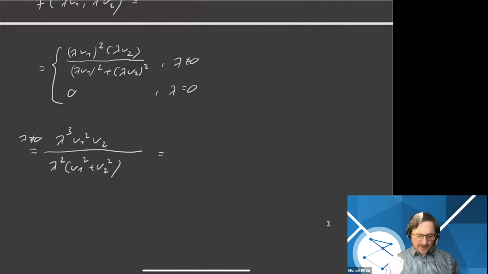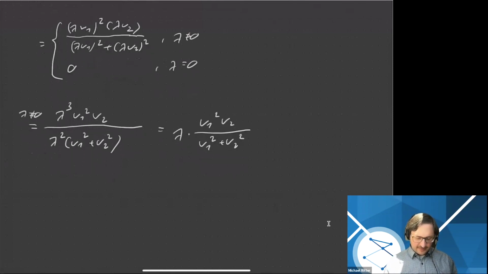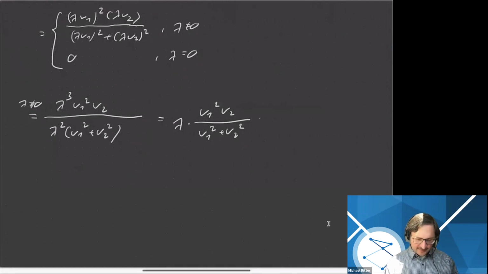Okay, that means the λ squared cancels out. So we're left with the one λ from the numerator, and then we have just v1 squared v2 over v1 squared plus v2 squared. And you can see what that is. Basically, that last term here is just f again, evaluated at v1, v2.